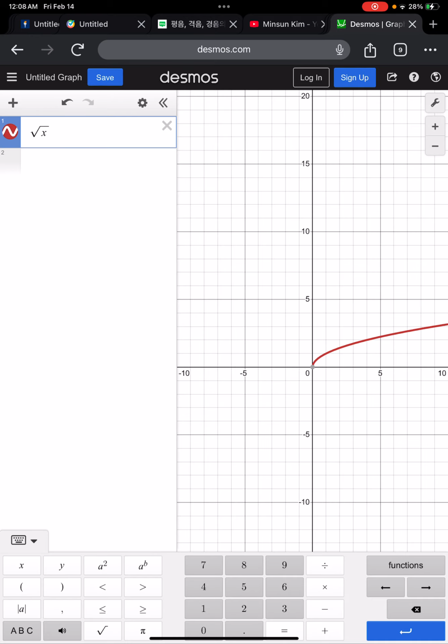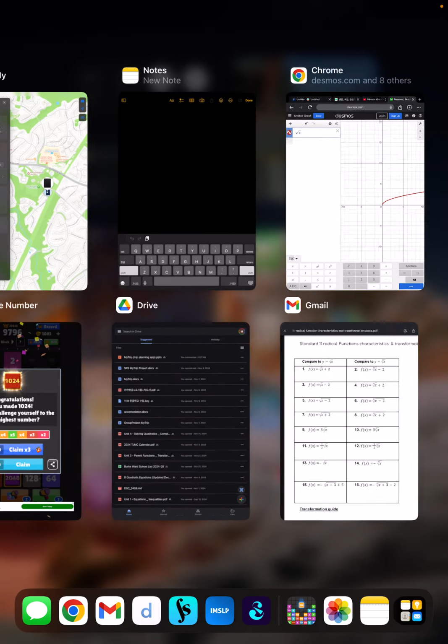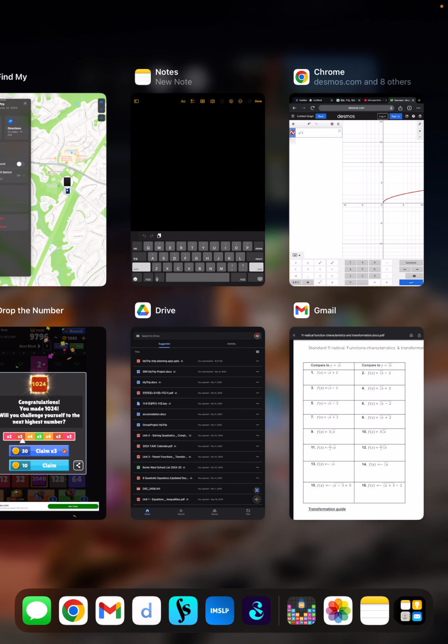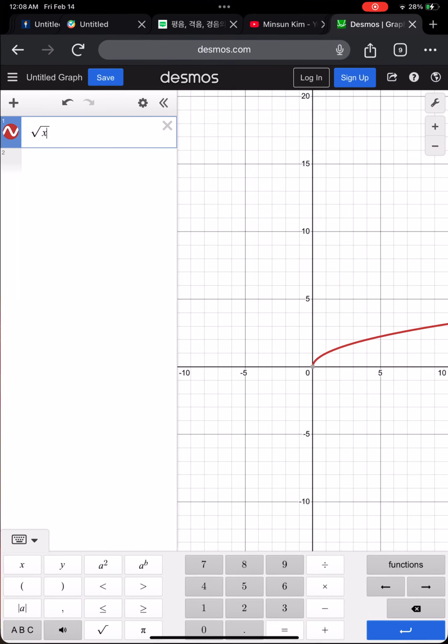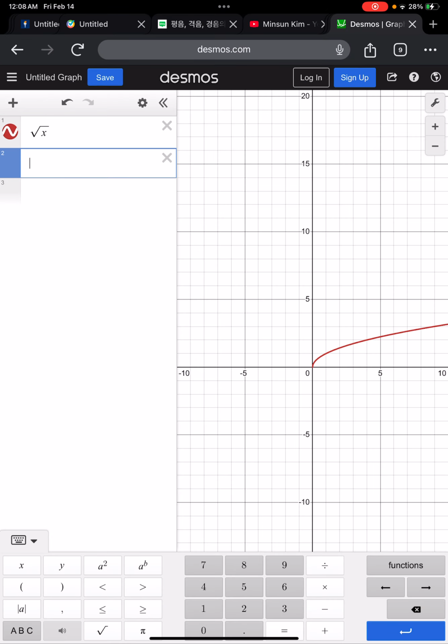Then the first graph I wrote here is square root of x plus 2. So you write square root of x, go out of the radical, and add 2.